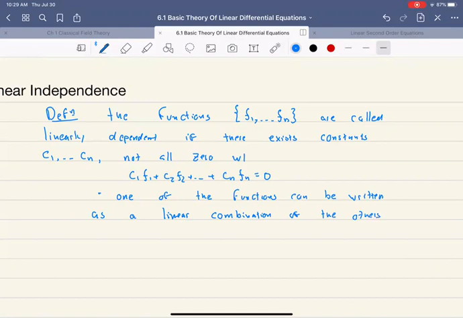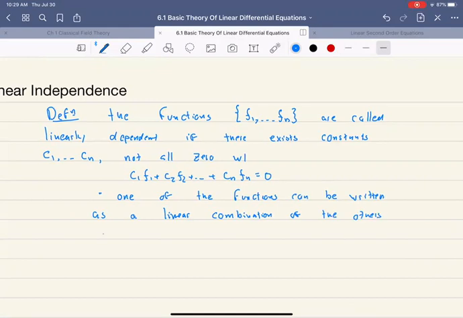Okay, so if we suppose that Cn is not 0, okay, then Fn equals C1 over Cn F1 plus C2 over Cn F2 dot dot dot plus Cn minus 1 over Cn Fn minus 1.